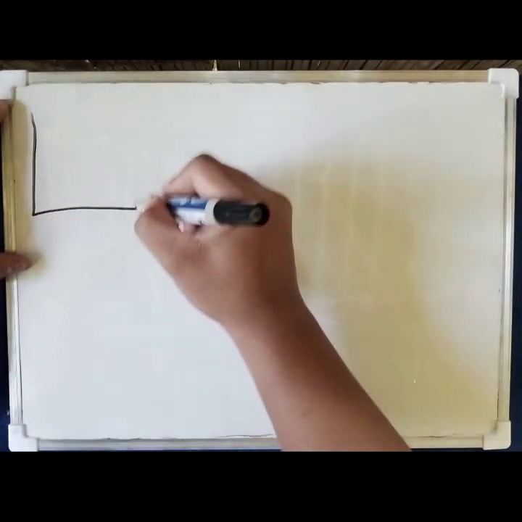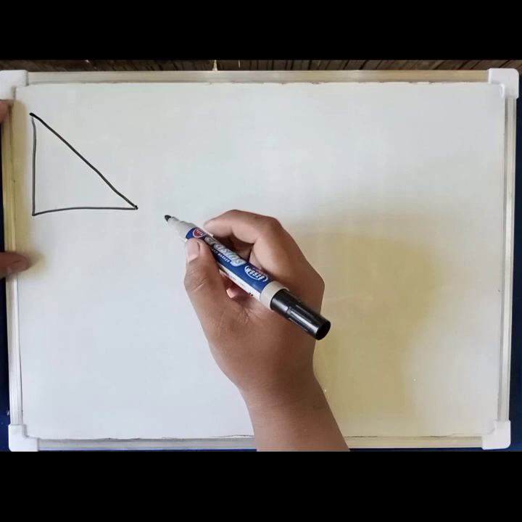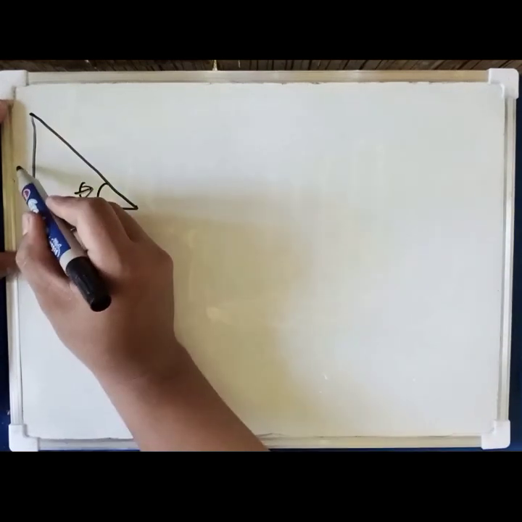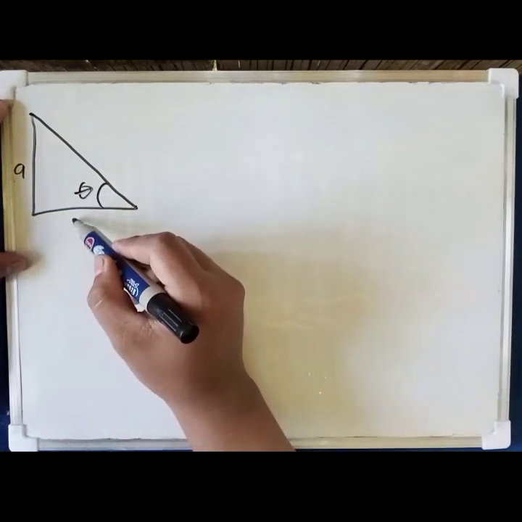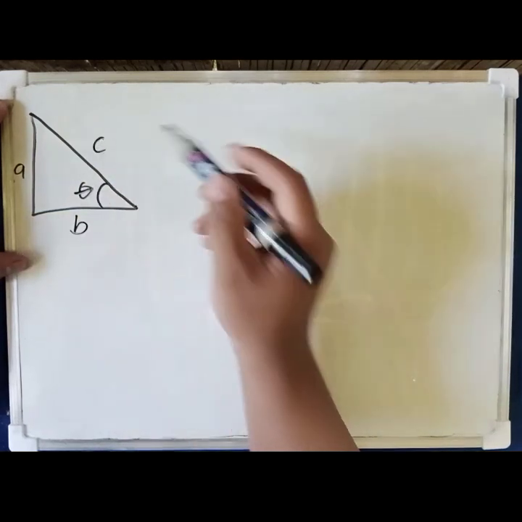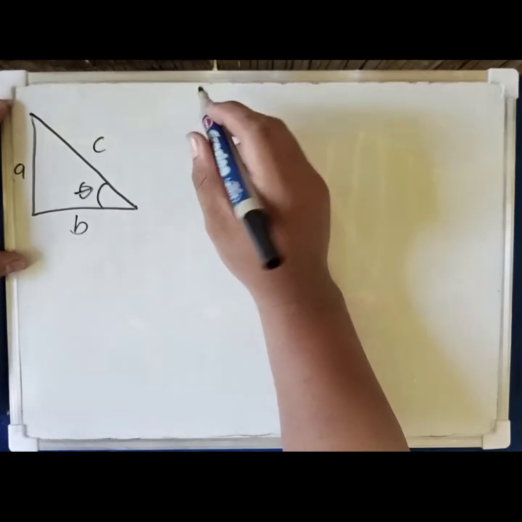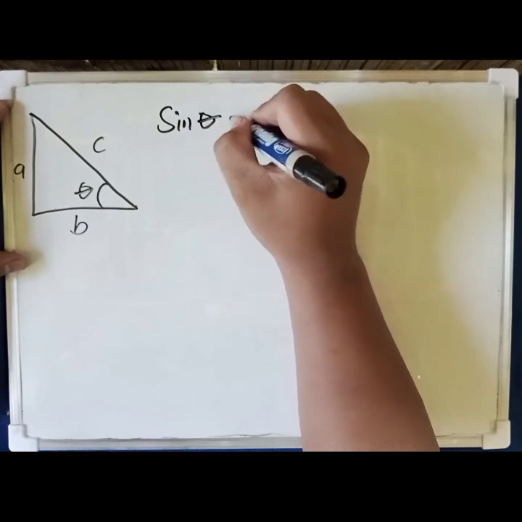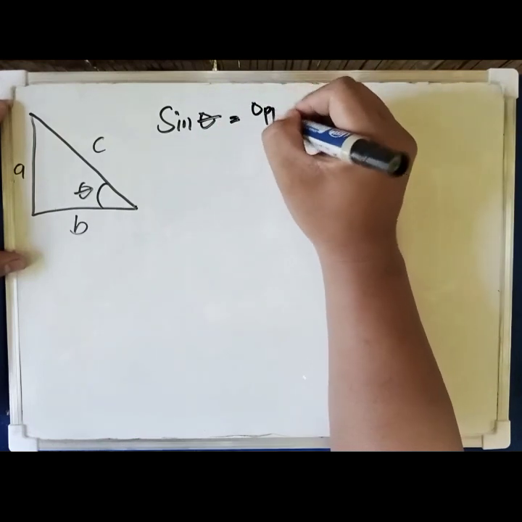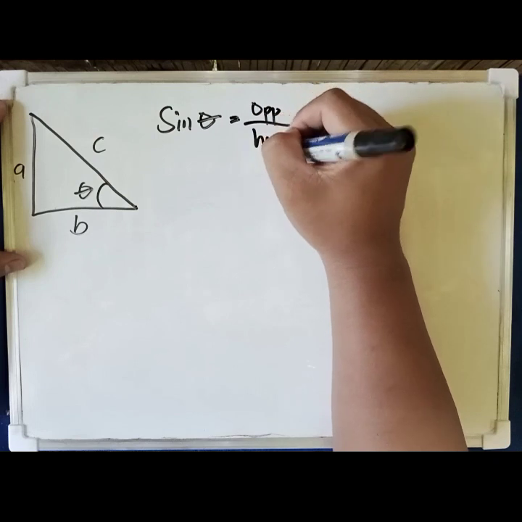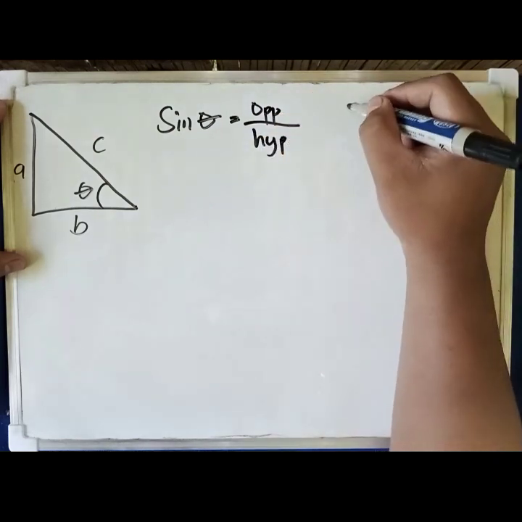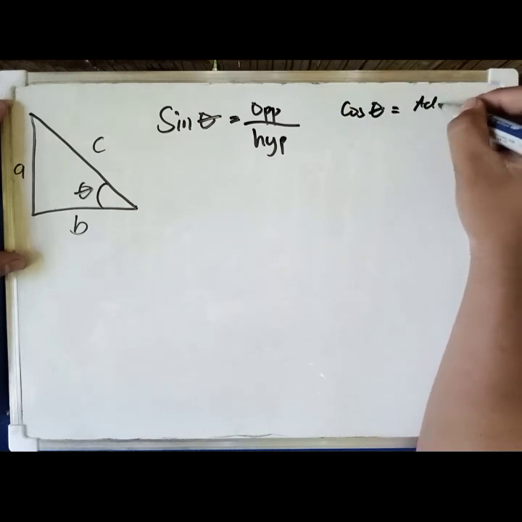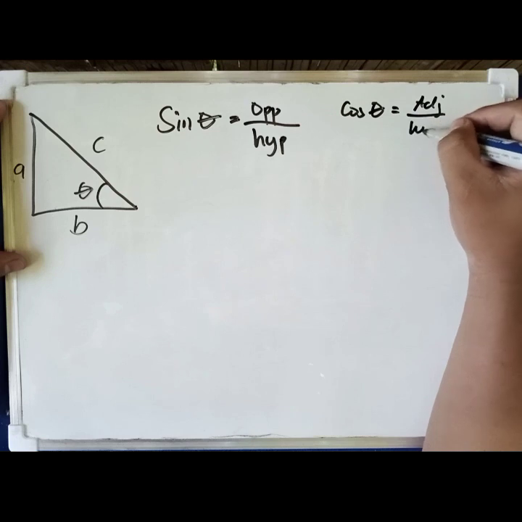So first, we have to draw a right triangle, then the angle, then label each side. So the opposite side is A, the adjacent is B, and the hypotenuse is C. And then let's get the value for sine. So sine theta is equal to opposite over the hypotenuse, and the cosine theta is equal to adjacent over hypotenuse.